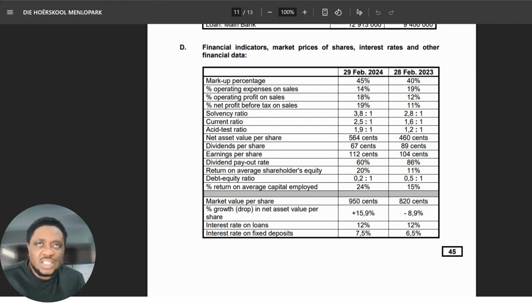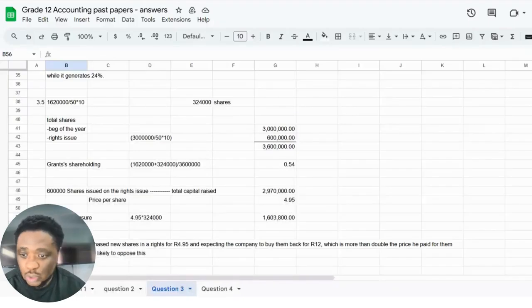So the company probably should be buying these for 564 cents, but he's saying the company needs to buy them back for 12 Rand. That's quite excessive. The other ratio you could go with is the market value, 950 cents, which you can also use to oppose. The one that seems most bizarre is the net asset value per share, so I will quote that.